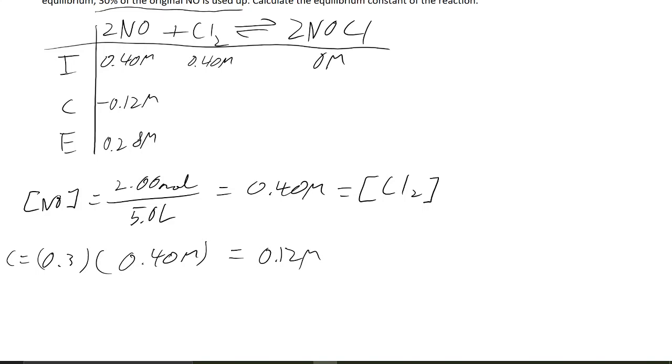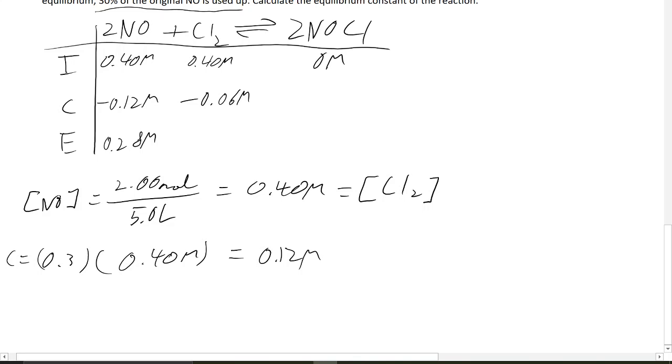Each change for each species is proportional to its coefficient in the reaction. Since we have 2 NO and 1 Cl2, Cl2 will have half the concentration change as NO. So that's minus 0.06 molar.